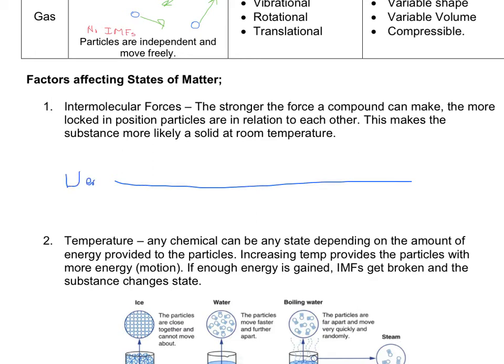If we draw a chart going from the weakest intermolecular forces to the strongest intermolecular forces, substances with strong forces like ionic compounds such as NaCl are solid at room temperature.